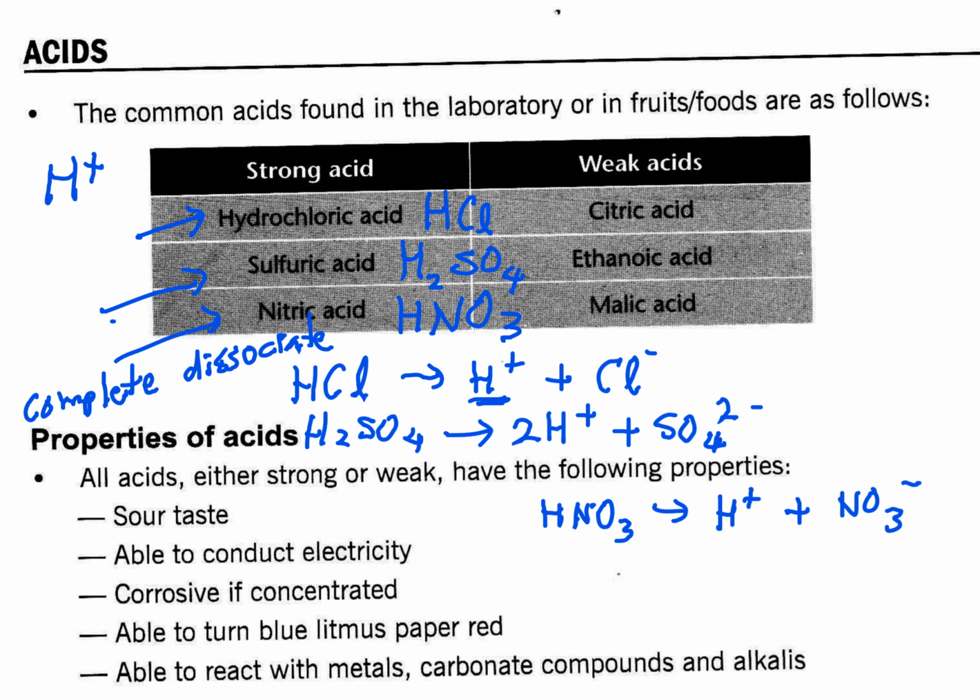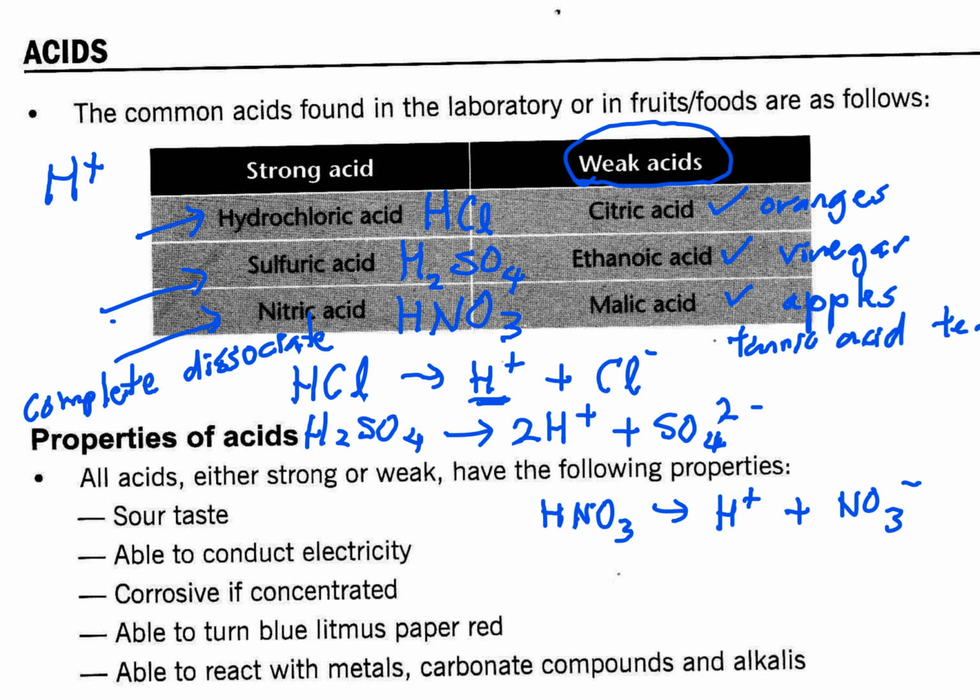Now, the weak acids are normally the organic acids or the acids that we consume, that we take into our body. Examples would be citric acid, which is commonly found in oranges or lemons. Ethanoic acid is commonly found in vinegar. Malic acid is found in apples. You also have tannic acid, which is found in tea.